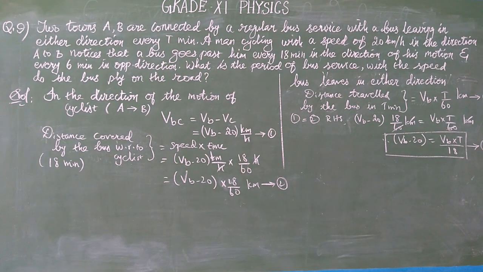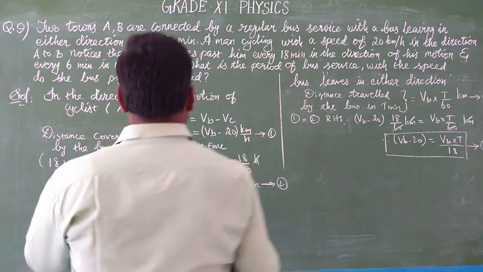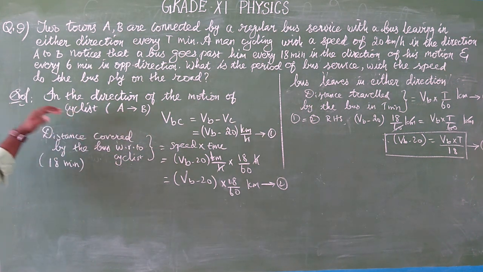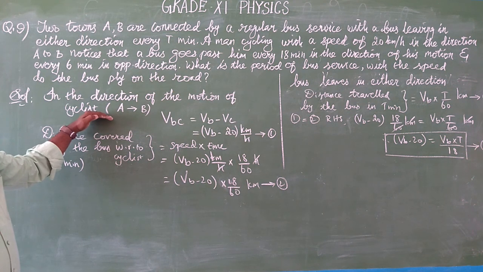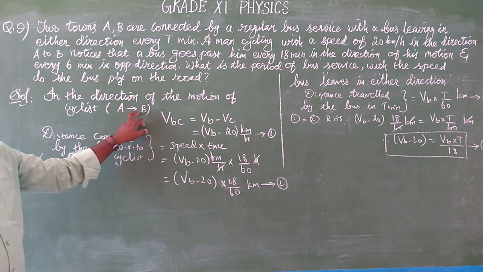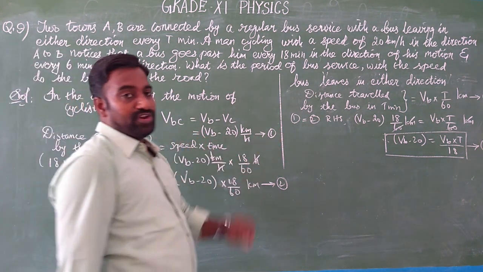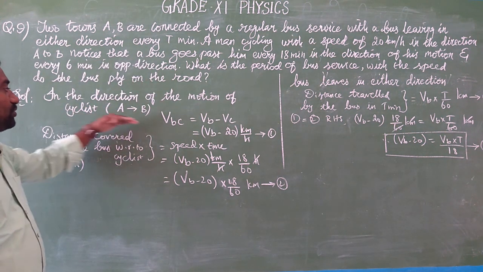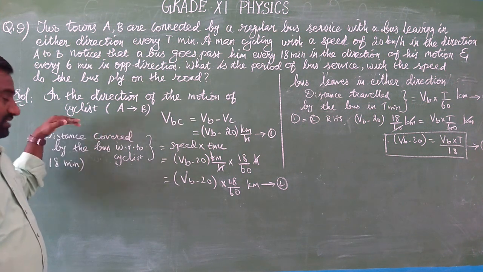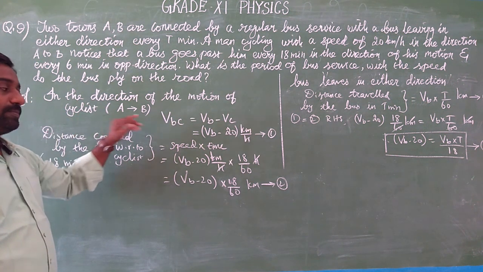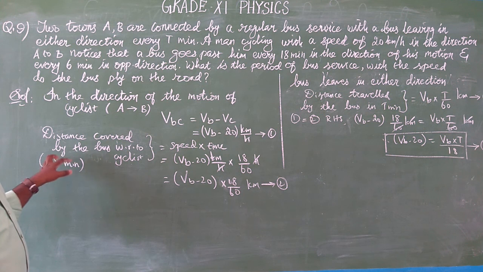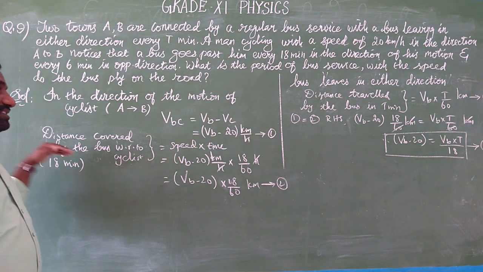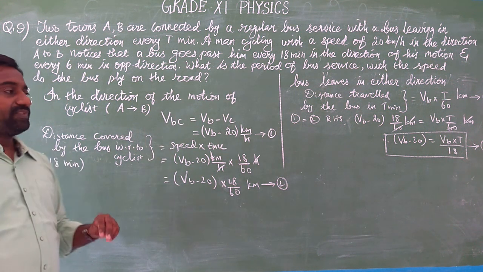Next, look carefully. In one method we have got the third equation. Actually, this is the case in the direction of the cyclist, the bus moving from town A to B. So when the bus and the cyclist are both moving from A to B, at every 18 minutes the cyclist noticed that the buses crossed them in the same direction.